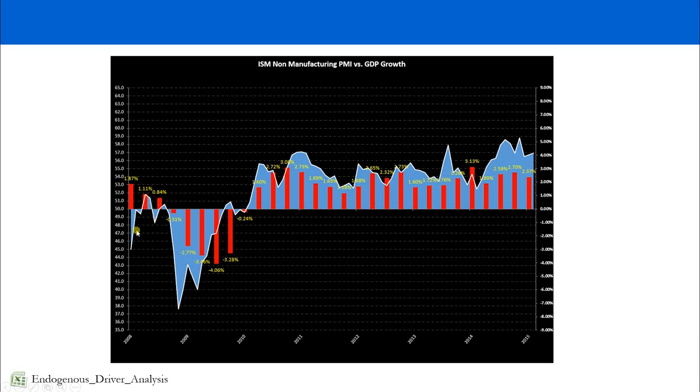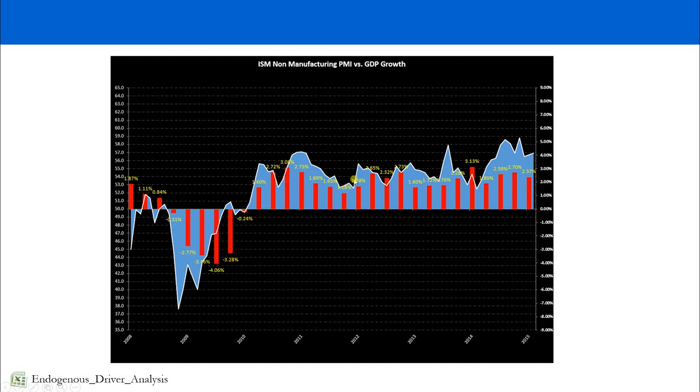It does go positive for a while, but the warning signs were there. Then at the end of 2008, we start to see real negative annualized GDP growth on a quarterly basis. We get trough conditions here, and 12 to 18 months later, again, we get trough conditions in real GDP.